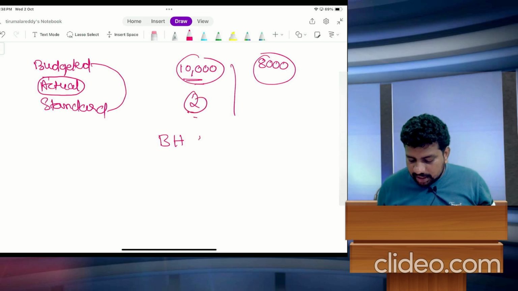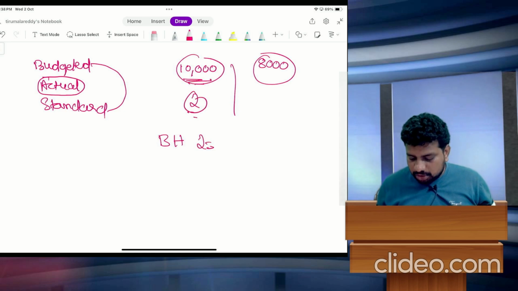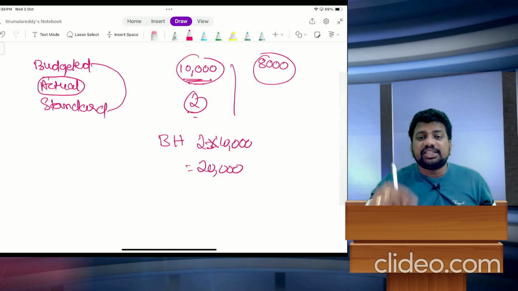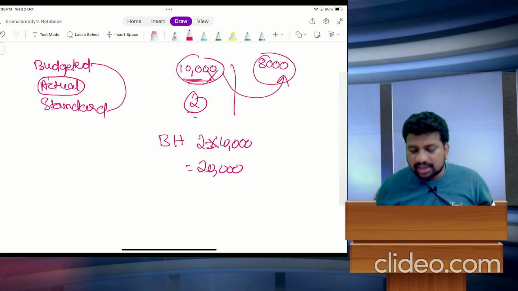Now, my budgeted hours would be: standard hours 2 into my budgeted output 10,000. So 2 multiplied by 10,000 will be equal to 20,000. These are called budgeted hours and they are not called standard hours. When I am talking about standard hours, this 10,000 should be replaced by 8,000.